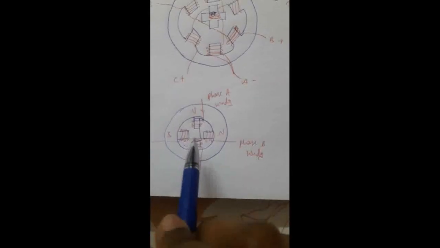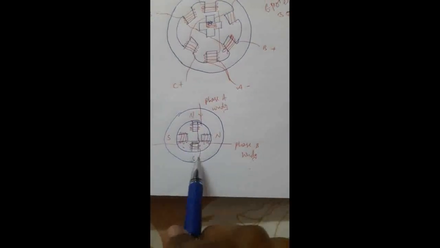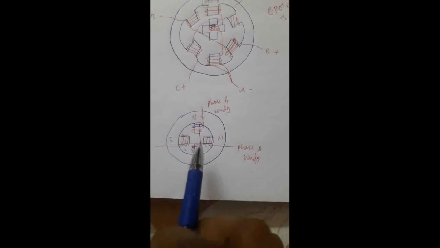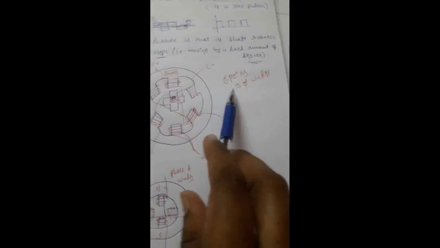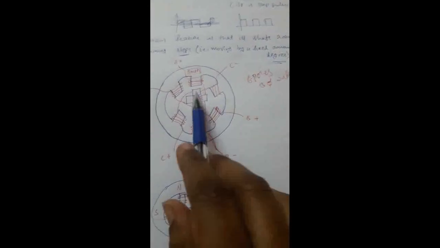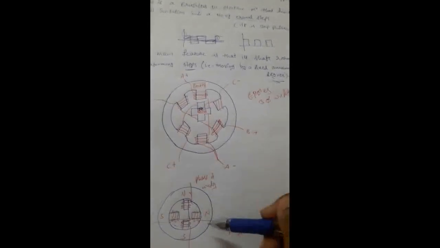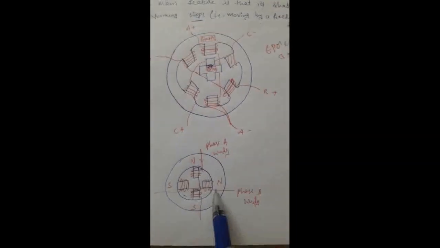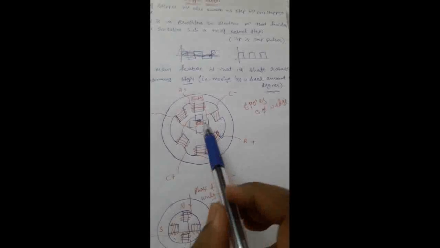For every 4 poles it will create 2 phases, phase A and phase B. These 2 poles will be one phase and these 2 will be another phase. And this is the 6 pole stator magnetic circuit. In the 4 poles we have 2 phases, and for these 6 poles we have 3 phases.